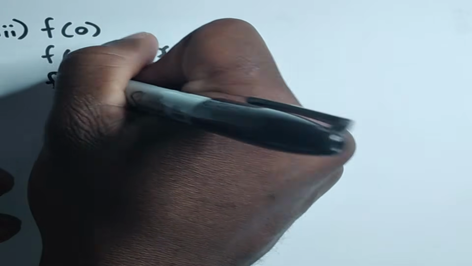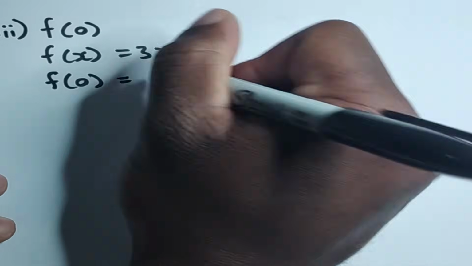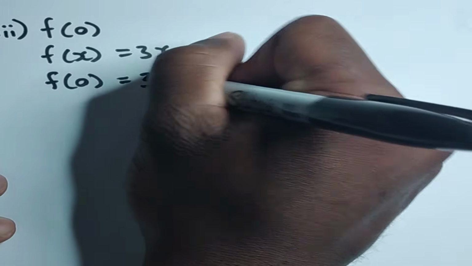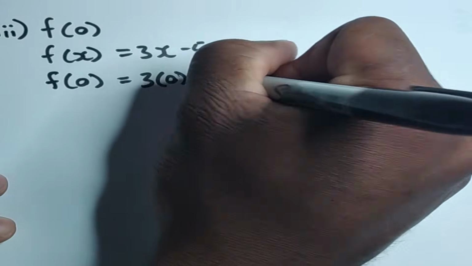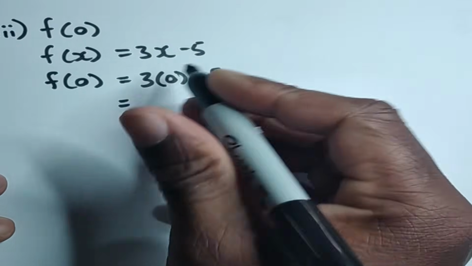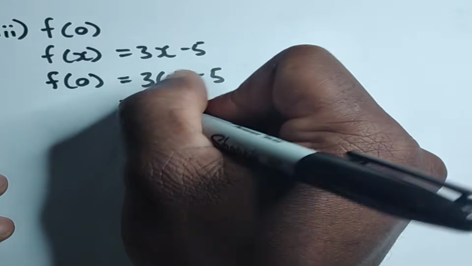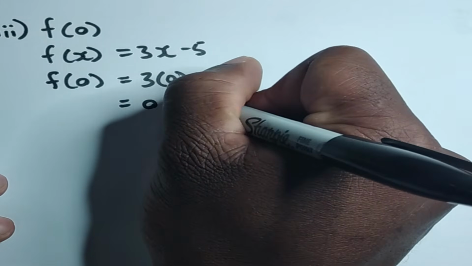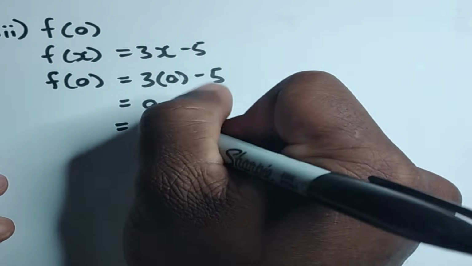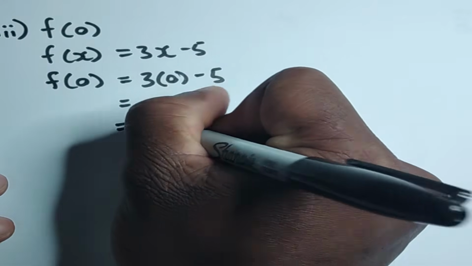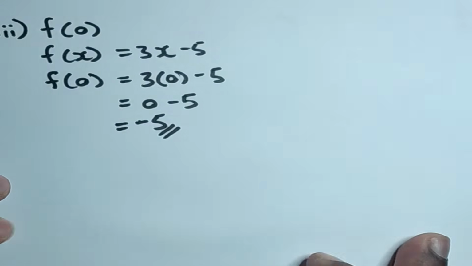So we'll have 3, and wherever we have x, replace x with 0, minus 5. So 3 times 0 is 0, minus 5. 0 minus 5 is negative 5. And that's pretty much how you treat with functions.